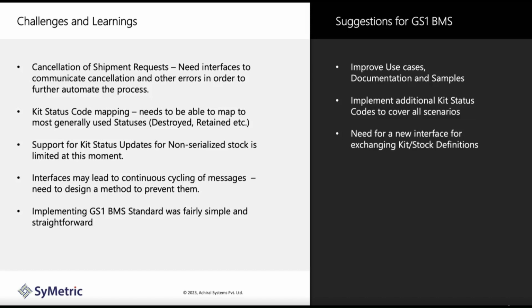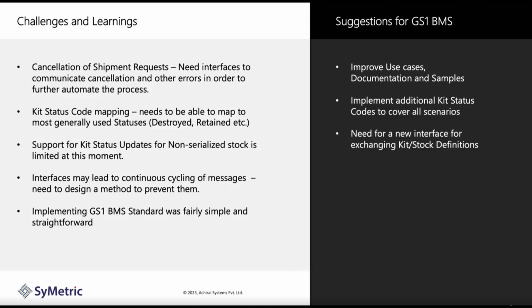So that's one of the things we've already communicated to GS1, and as Preeti mentioned, there's an upcoming release in April from GS1, where they're planning to include or update all of these shortcomings from the current version of the business messaging standard. So next is about the kit status code mapping, which we already talked about.